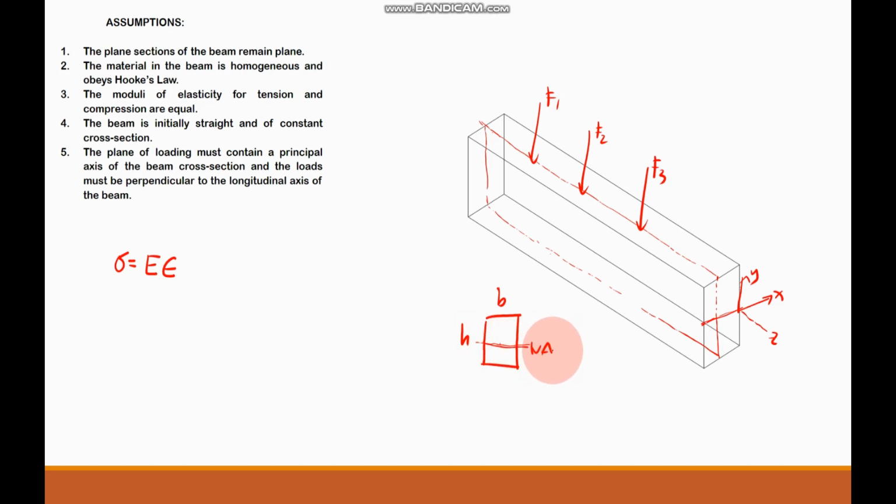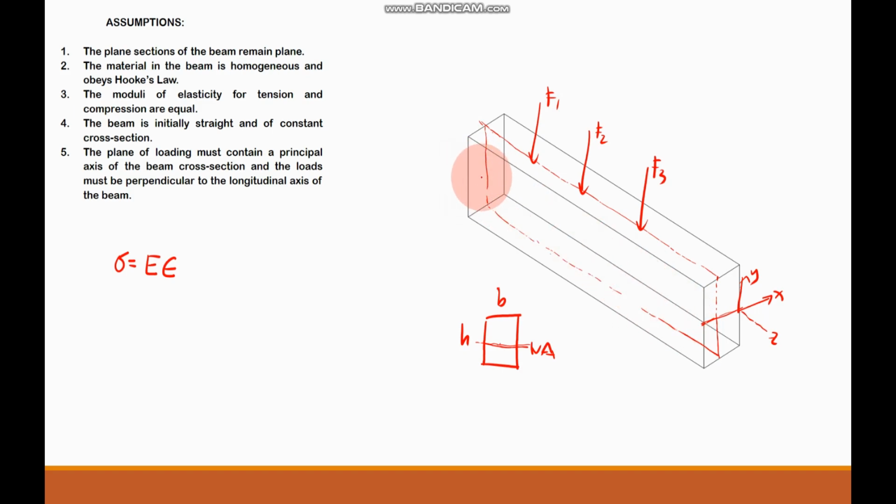So, it is very easy to determine the neutral axis kung rectangular shapes or yung regular shapes lang. Because you are just determining or you will be getting first the centroid and then dun na malalocate yung neutral axis ng iyong beam. So, at this part, kung saan nag-act yung neutral axis niya, it has also a surface.